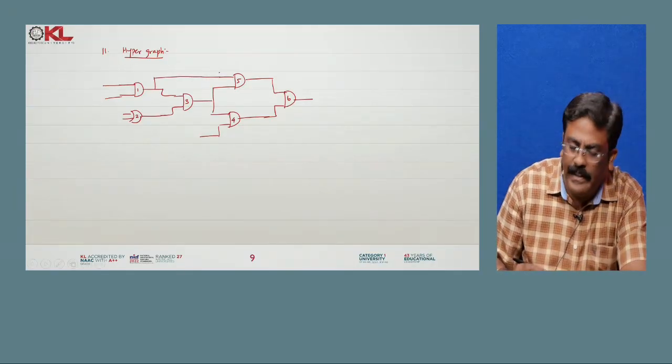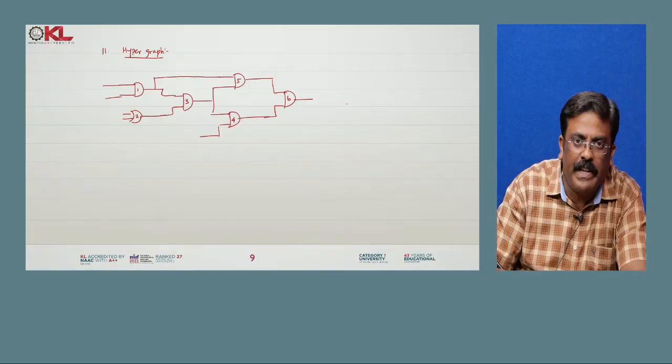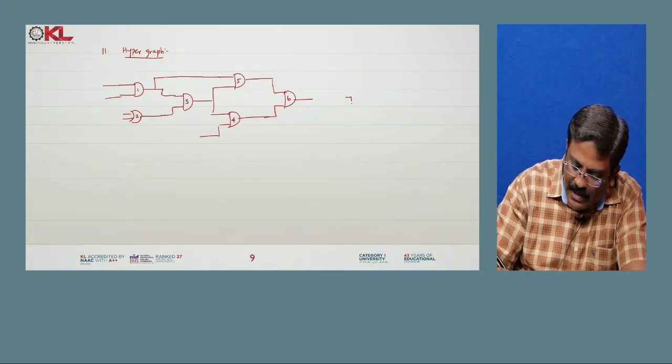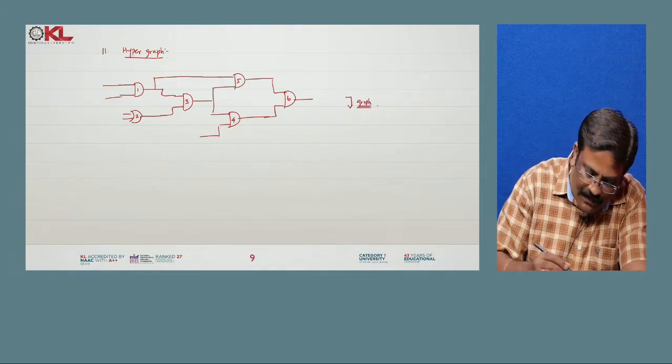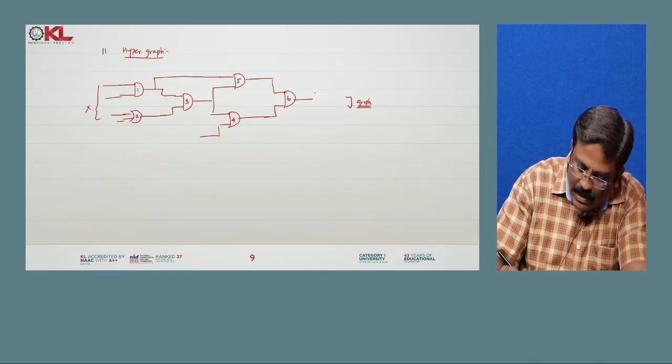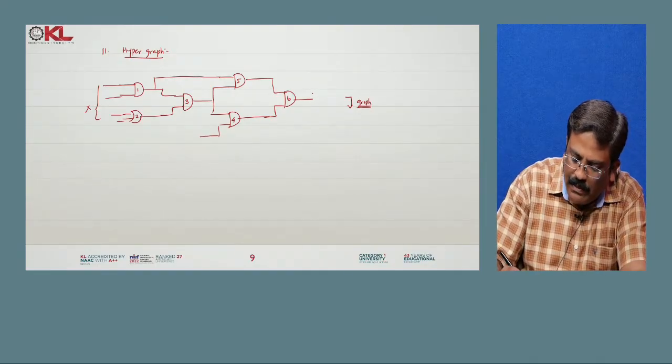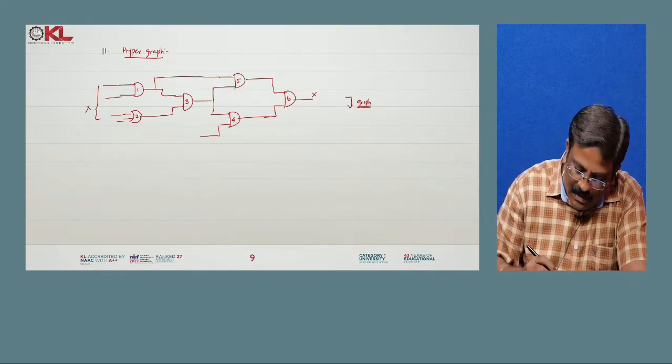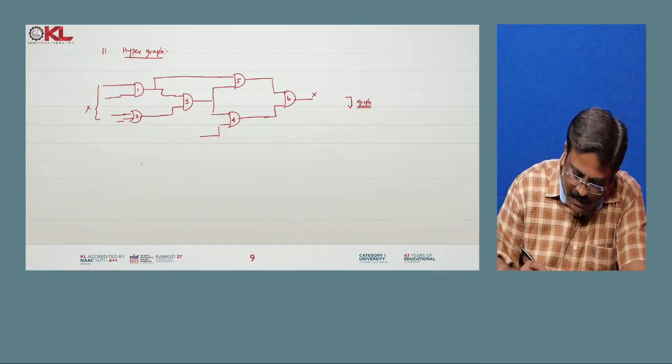So we know how to convert this given circuit into a graph. Let me convert it now. We are not going to worry about the input lines and output lines; let me consider only the cells.